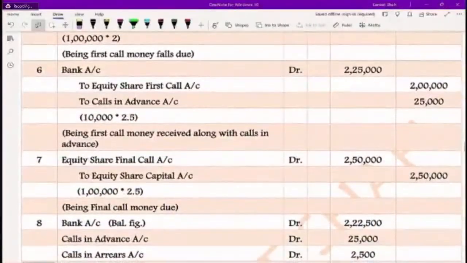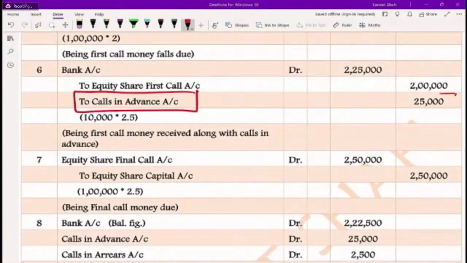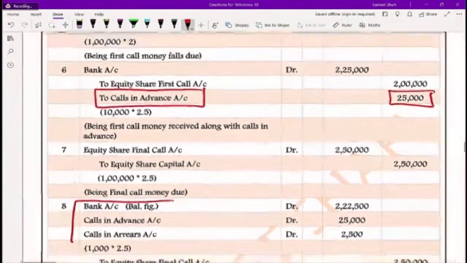Now the sixth entry is 1. So this is red pen. I will box it. So I'm getting calls in advance extra. So new entries, I will mark by red pen. While copying it, you have to write it by red pen. Wait. Equity share final call to equity share capital is also easy. And this is a very, very important entry, this 8 number entry.